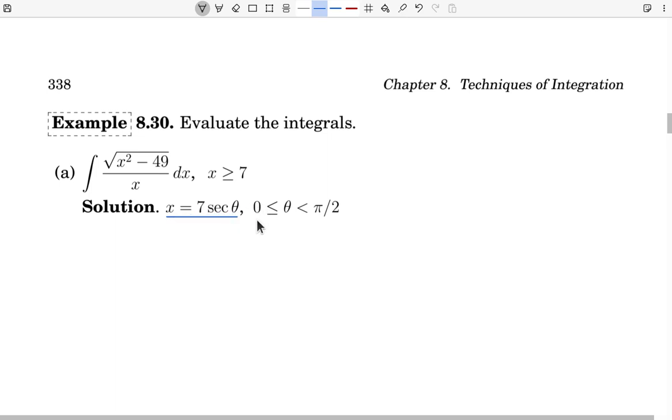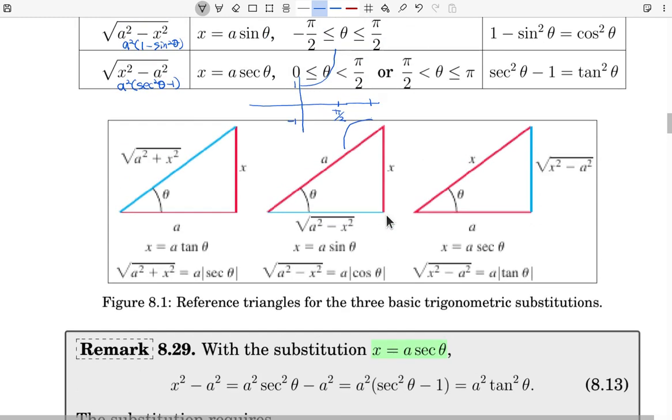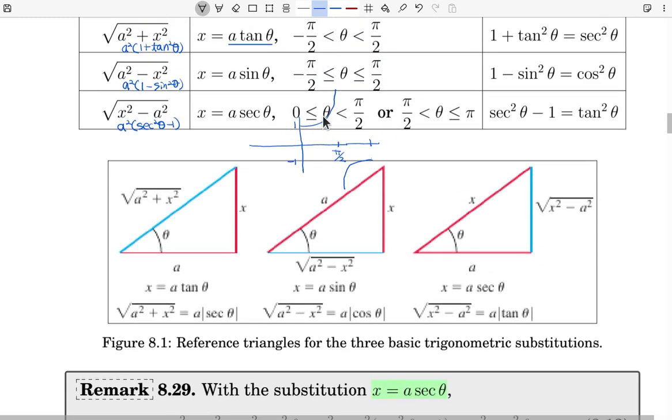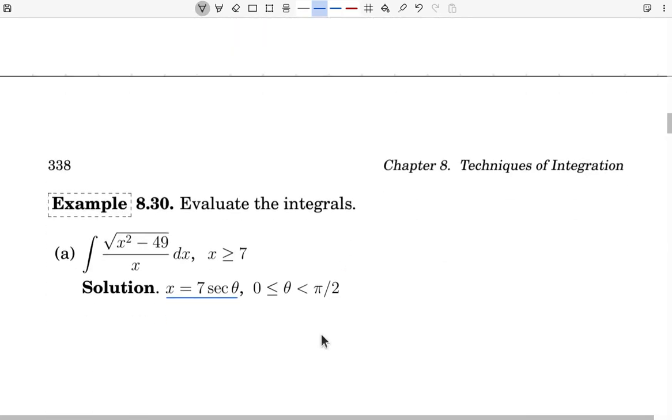In this case, theta must be between 0 and pi over 2, as you can see from this picture. Because we consider x larger than or equal to 7, because of that condition we have theta between 0 and pi over 2, okay?